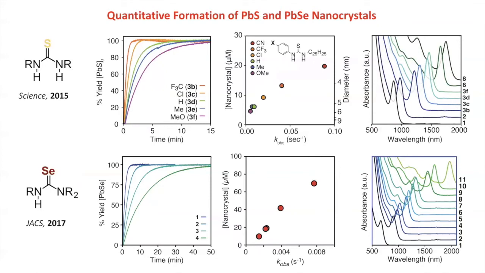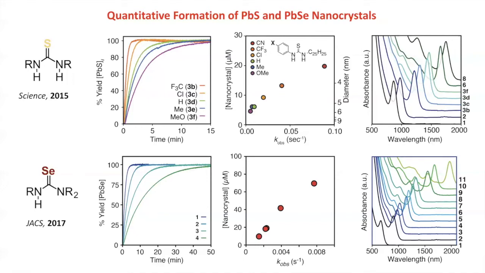Okay, so you want the kinetics to happen slowly or at just the right speed. And the tri-substituted selenoureas are the right sort of reactivity for that purpose. And you see the same kind of relationship between the rate constant for the conversion reaction and the number of crystals that you make, or the concentration of crystals that you make.